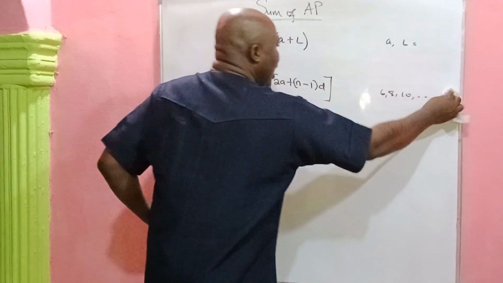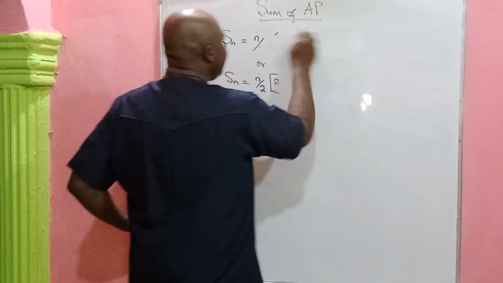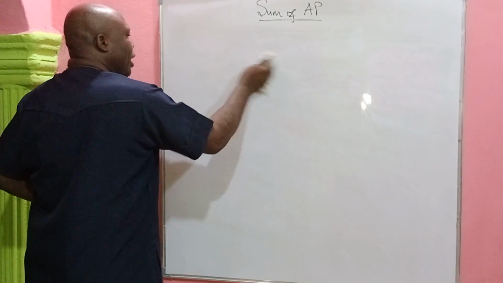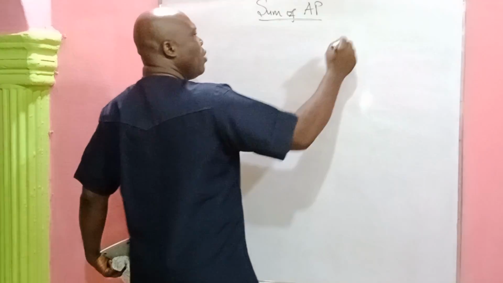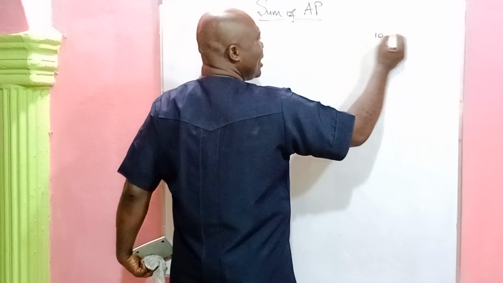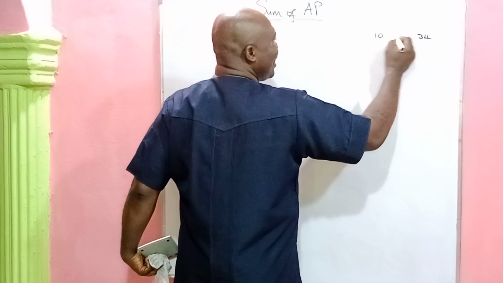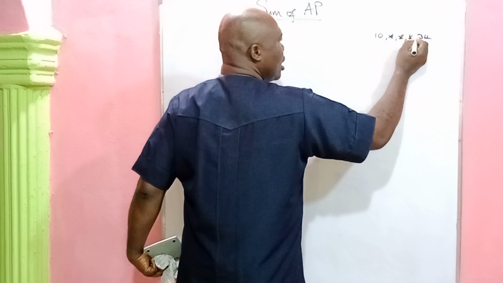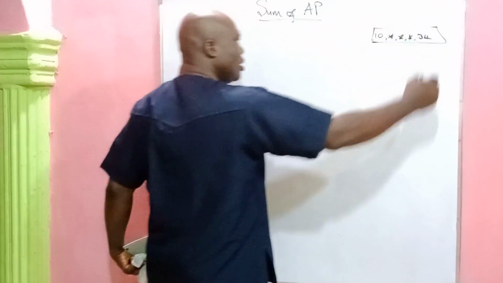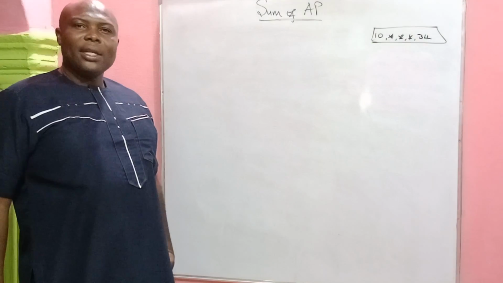All right, now given the sequence, like in the previous example we did for ordinary AP, where given 10 and 34, we were to insert 3 arithmetic means. Now assuming this was it, and they say we should find the sum of the AP.